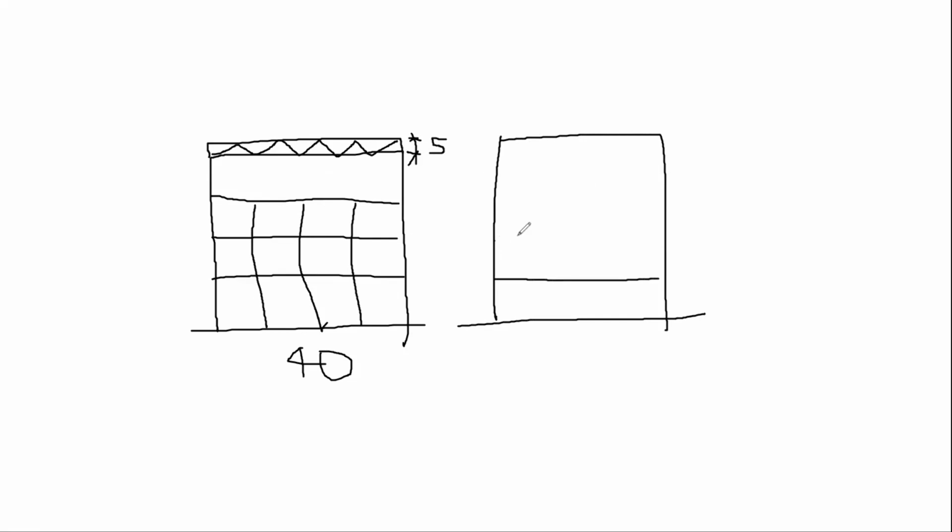So if we have a wide span here, we have our columns coming down. We have our floors here. Now, say we have this scenario.